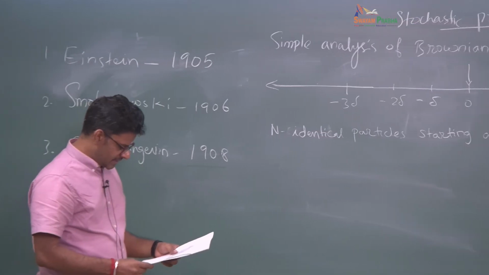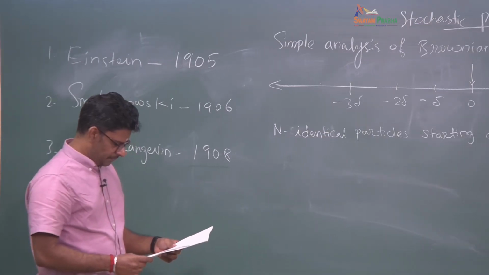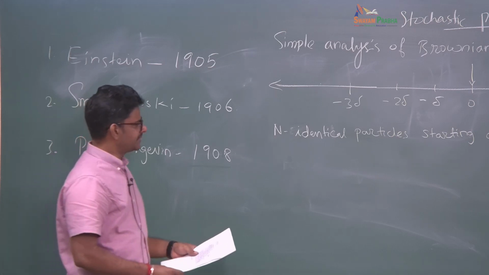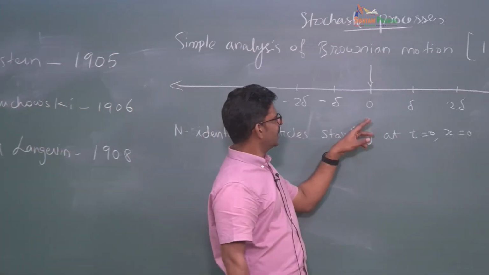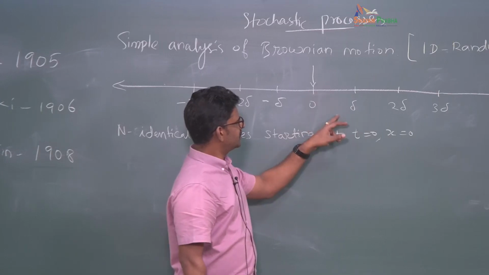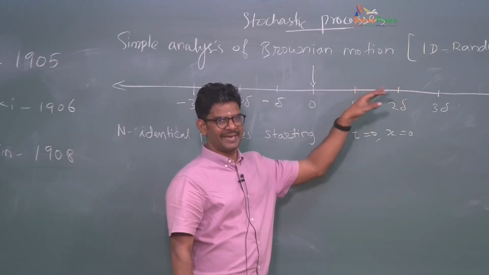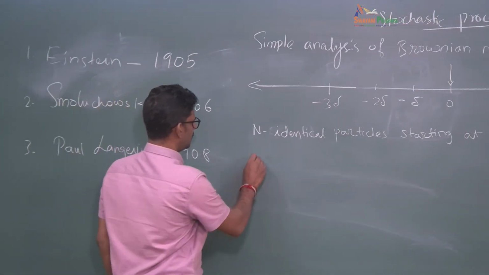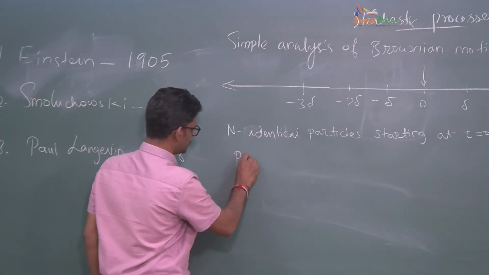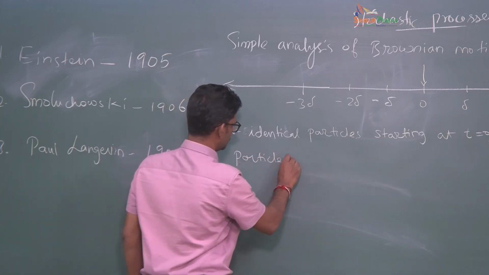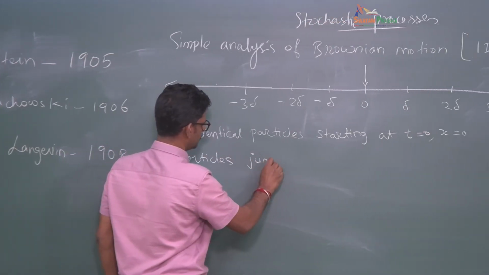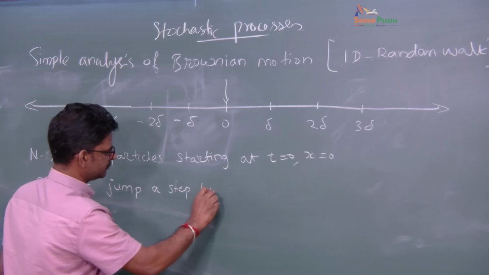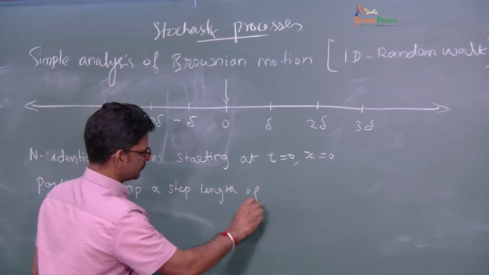And then we also say that we'll bring the time later. Let's just imagine that you have a count of how many steps a particle has jumped. That would be n, small n, and the particles jump a step length of delta.